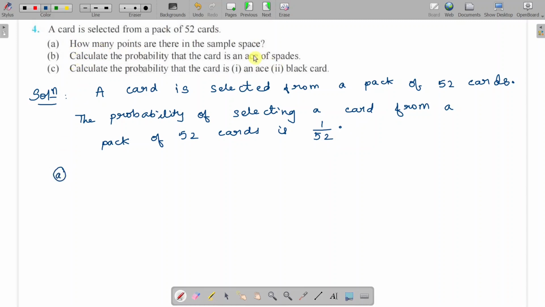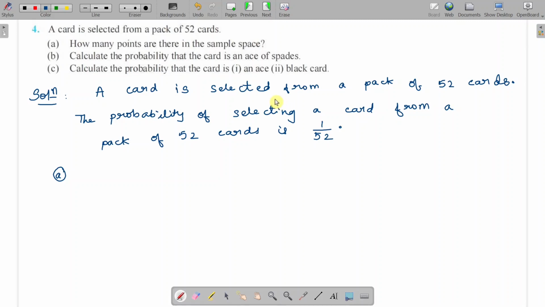How many points are there in the sample space? So how many points will be there? Since there are 52 cards, right? So the sample space will consist of 52 elements, right? So either you can get first a 2 of diamond, then you can get 3 of diamond, 4 of diamond, like that.